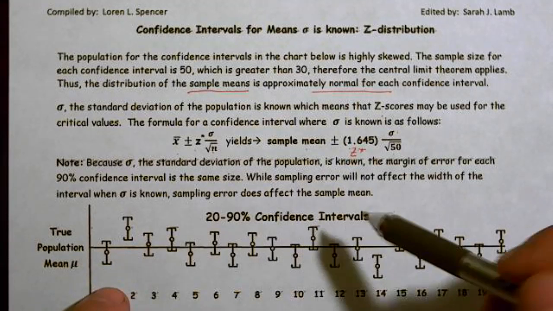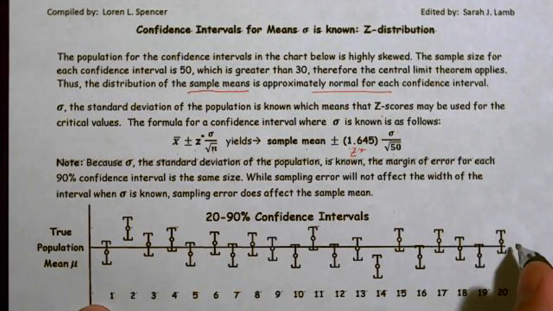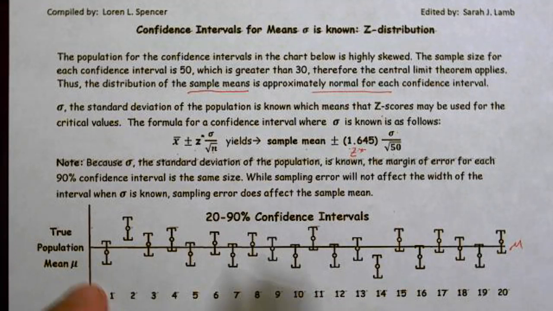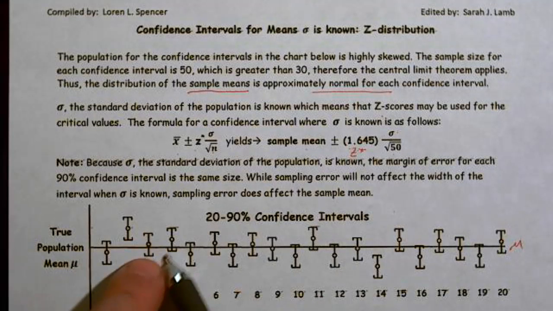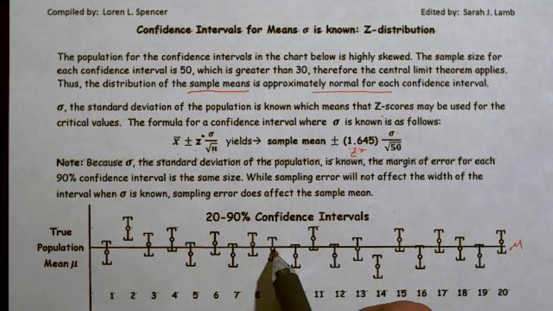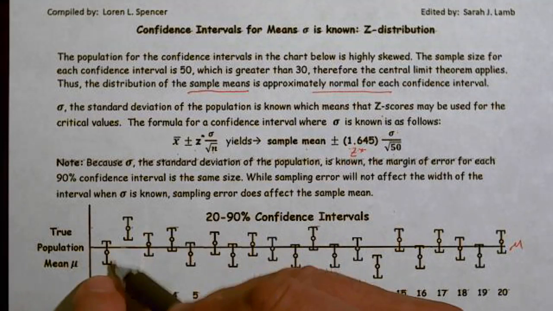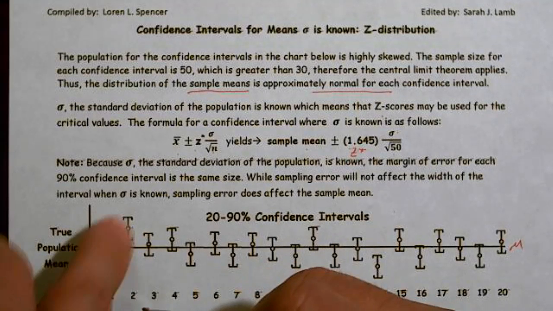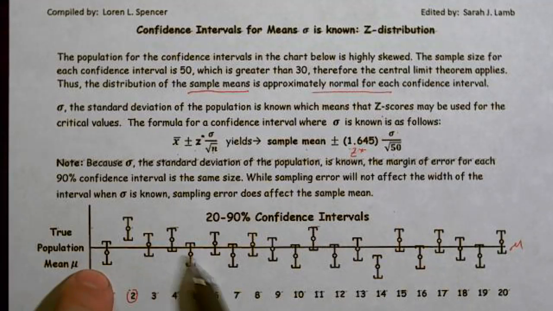Okay, now when we do a confidence interval, if this line represents my true population mean, these intervals are going to sometimes capture the mean, and sometimes they won't. The dot will represent the sample mean, and this would be the 90% interval. Well, this one caught it, this one didn't, and then this one caught it. So we're looking at these, and these caught it.